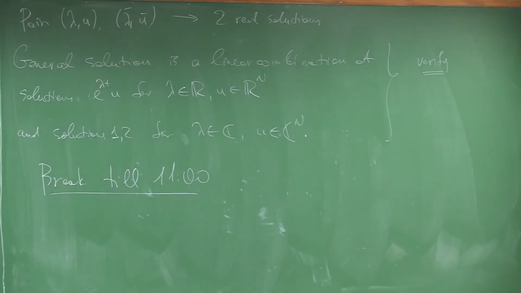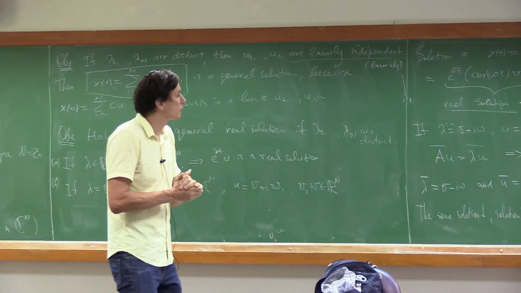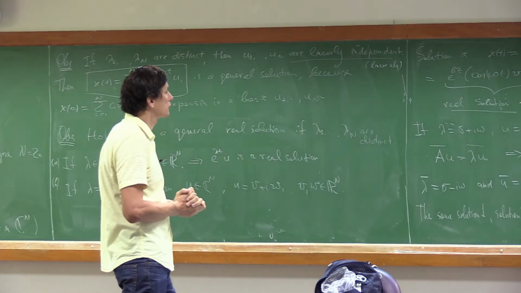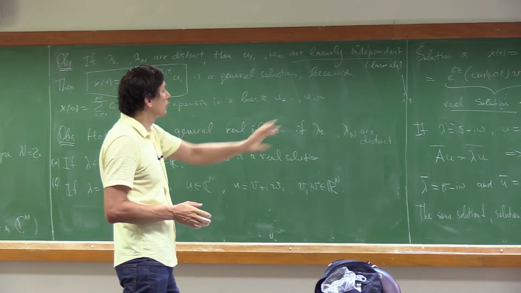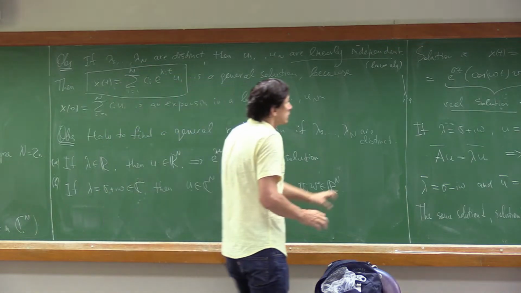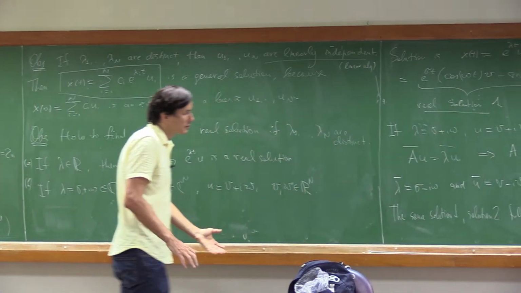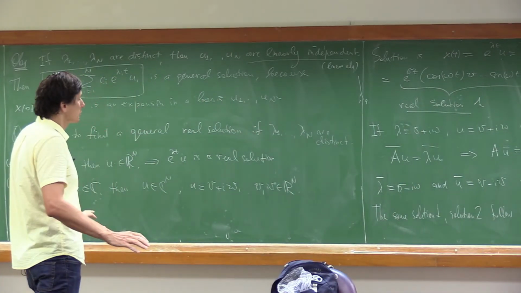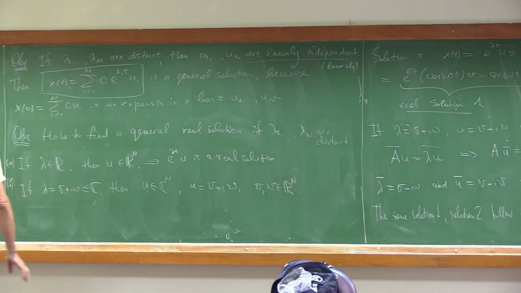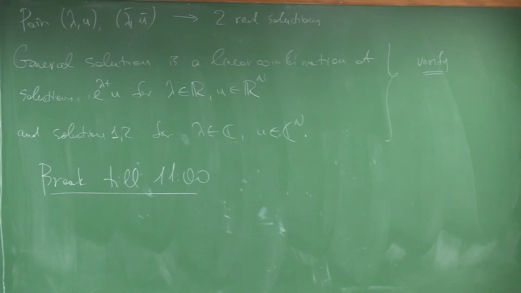Before making a break, just to say that whenever the eigenvalues are all different, there are no problems. We can solve it in the same way as we did before with the conservative system. There is a slight difference if you want to write the solution in complex or real form, but in principle you find eigenvalues, find eigenvectors, take a sum, and you get the general solution.